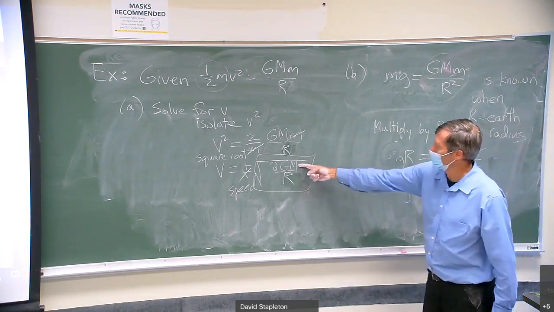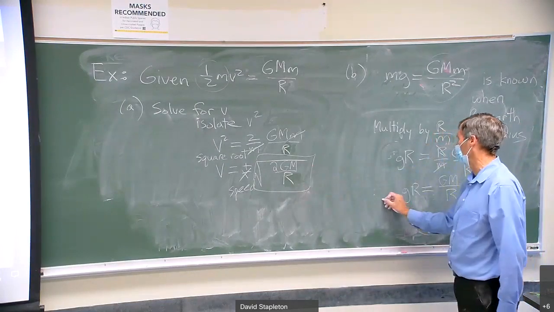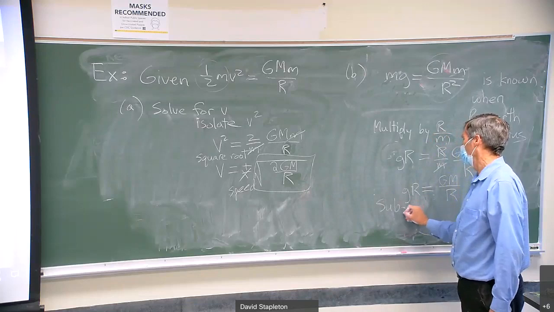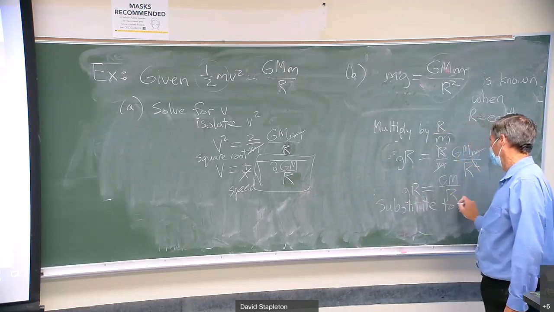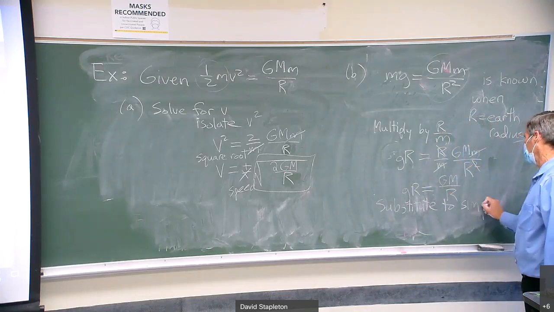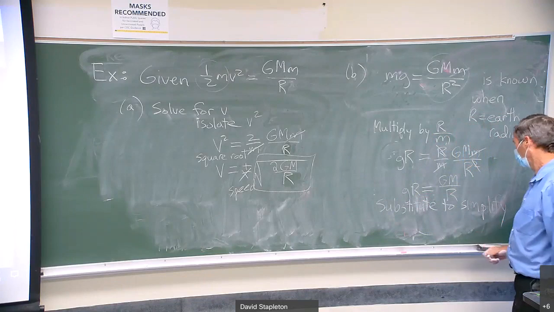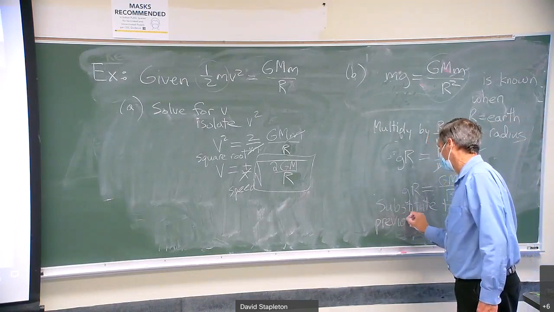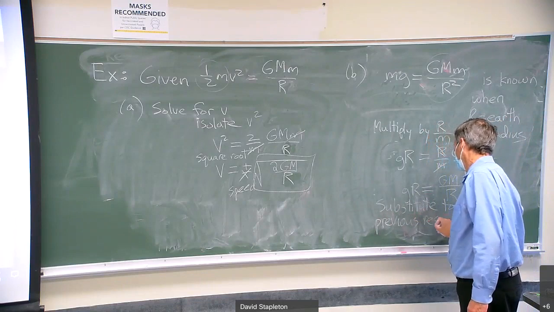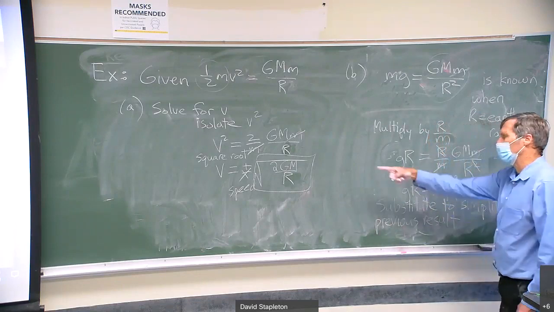Oh, that's in here. I could replace that. Now let's substitute your previous answer to simplify it. This is the kind of calculation that people often do. So this is application more than new math. So substitute, simplify the previous result. Just put that in for GM over r.